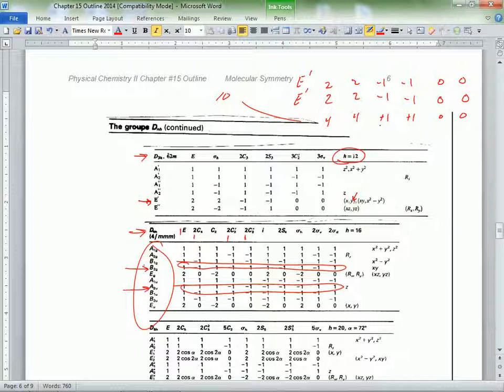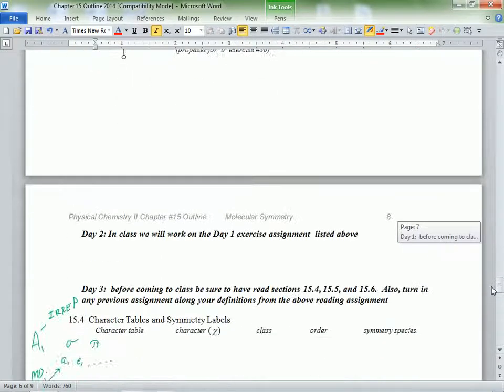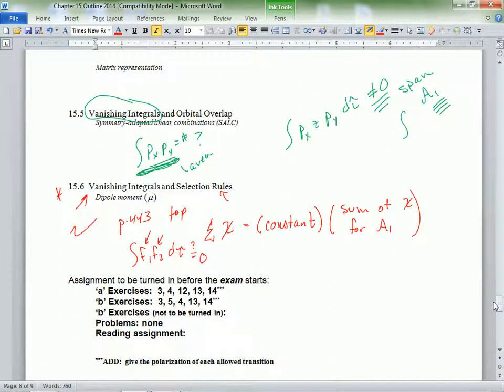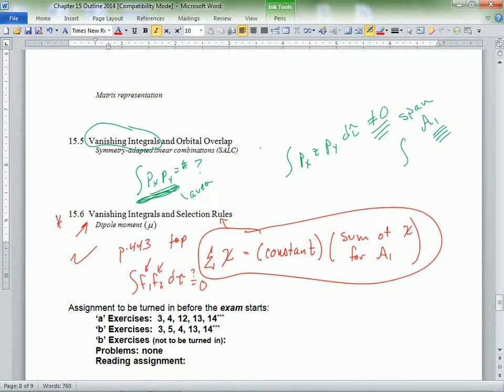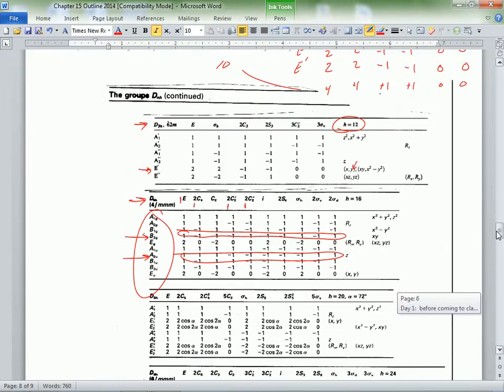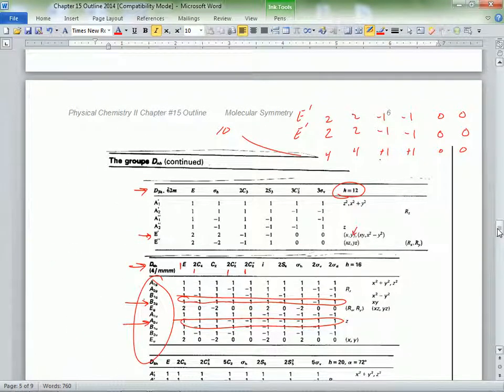Our expression was that the sum of all the characters is some constant times the sum of all the characters for A1. Here's A1.